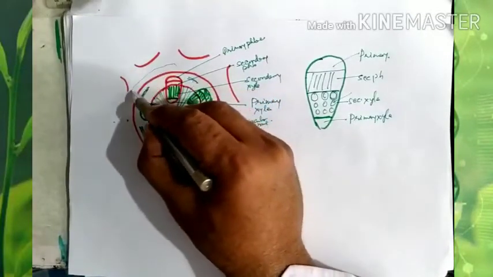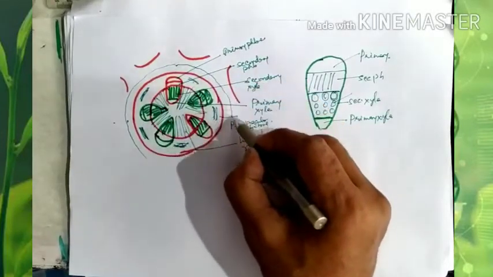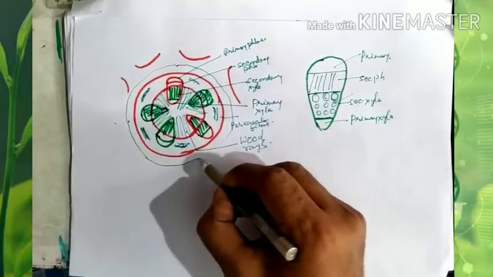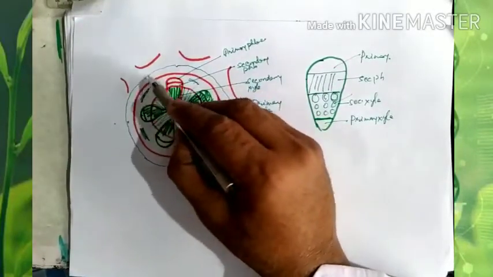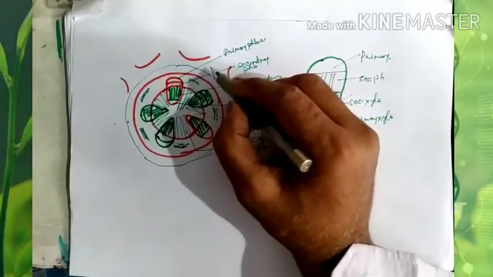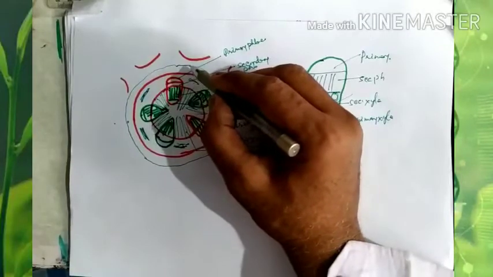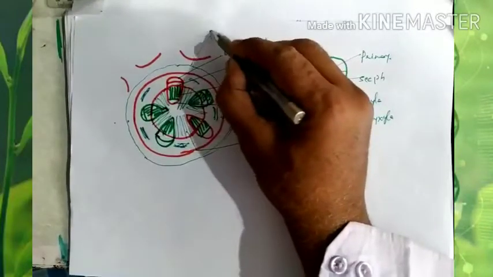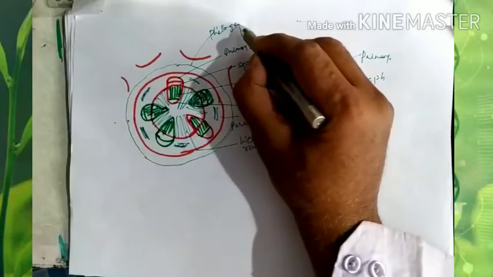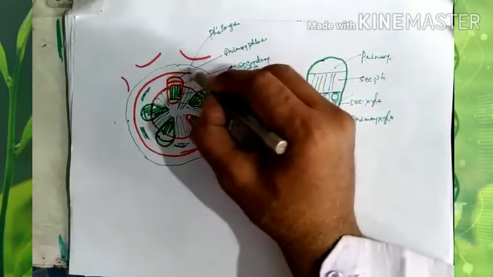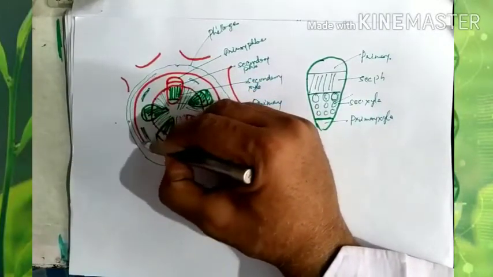Next to this, in the cortical region, the cork cambium is formed, that is the layer of phellogen, and which forms the layer of phelloderm.